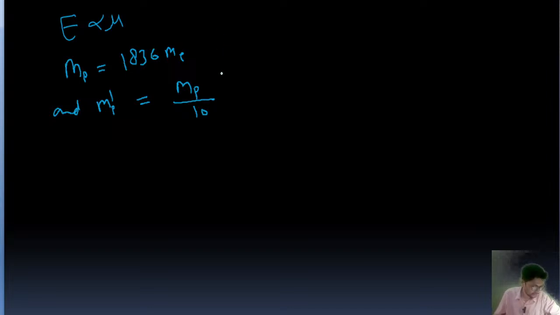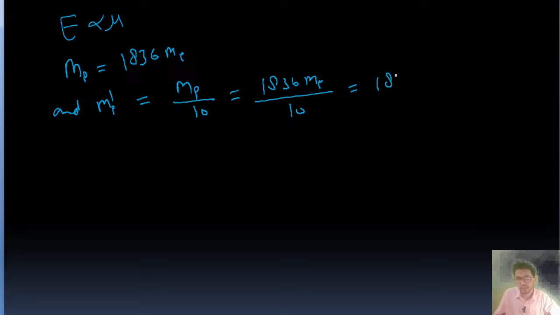So this is going to be 1836 me upon 10. It's mp upon 10 because it's 10 times lighter. If it would be 10 times heavier, then it will be 10 into mp. Okay, so now we'll find this one.